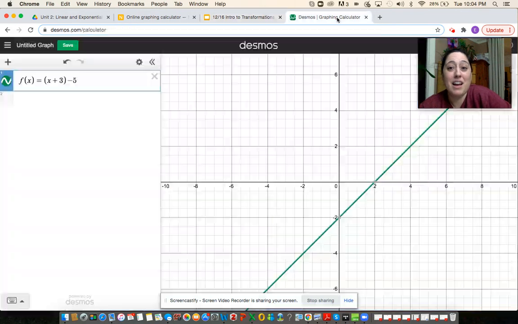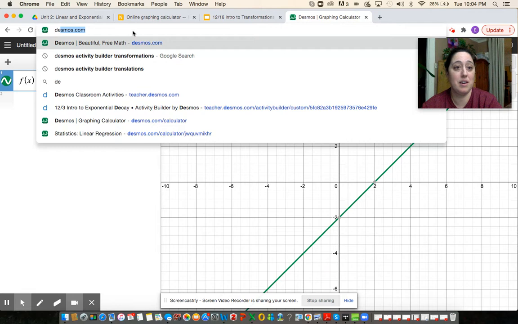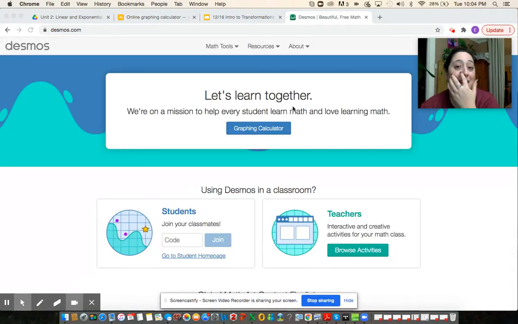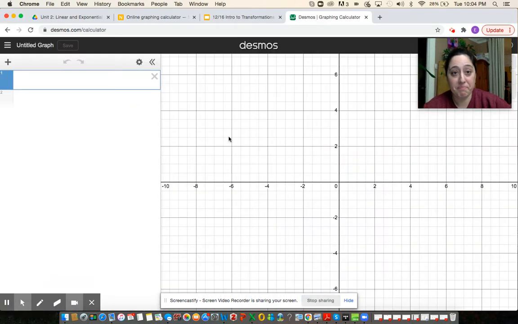I'm going on Desmos, let me type this up again. I highly recommend you use Desmos to test out your equations. I just go to the graphing calculator.